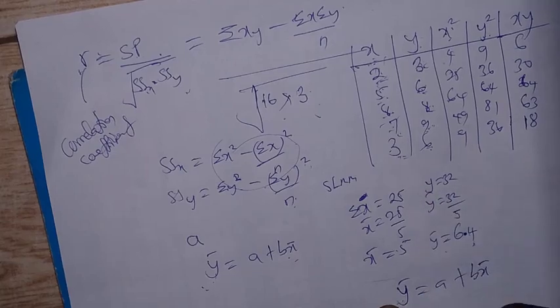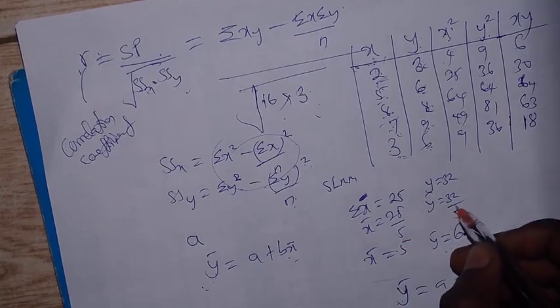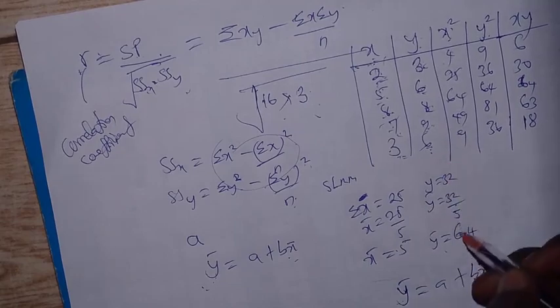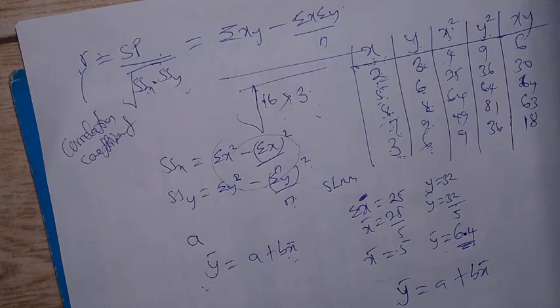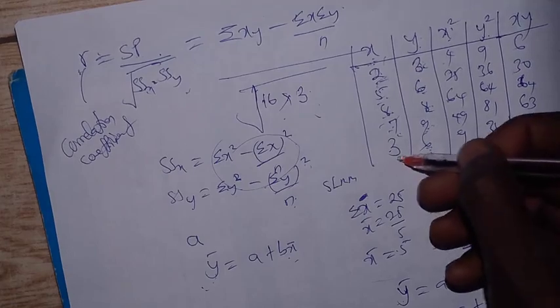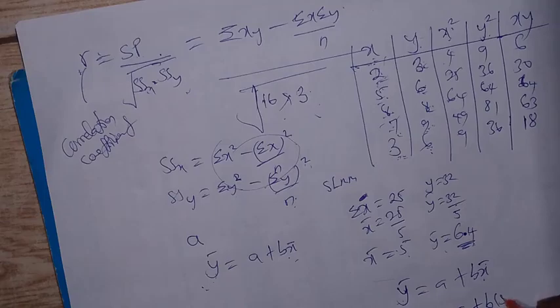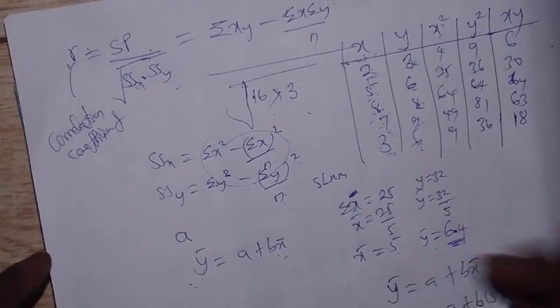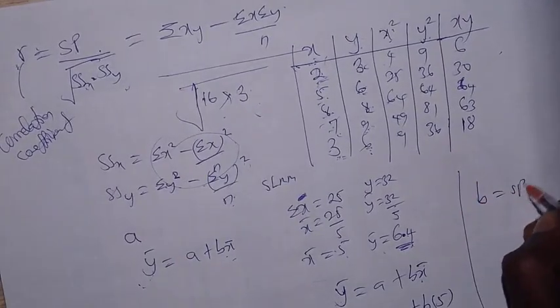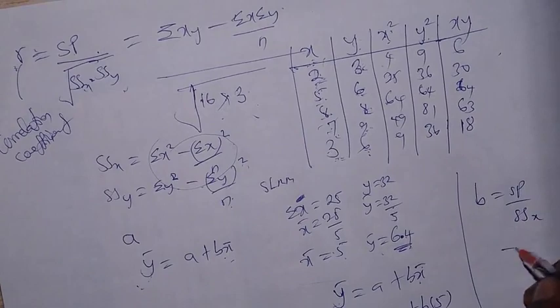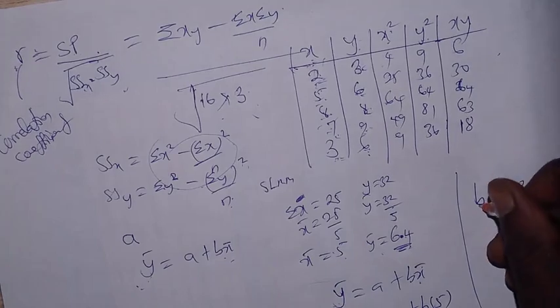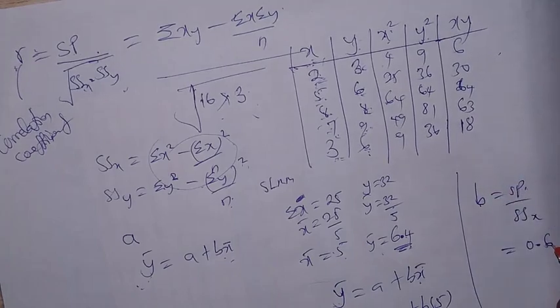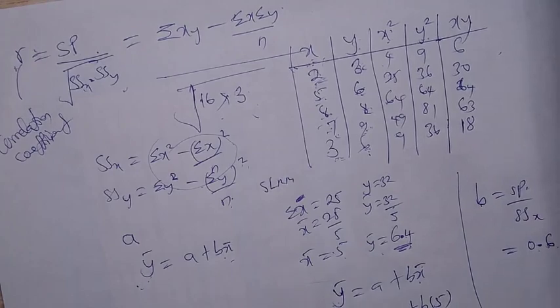From this question, y bar is 6.4 as calculated above. 6.4 is equal to a plus b, and x bar is 5, so write 5 here. Let's assume we've used the formula b equals SP over SSX, and we got something like 0.6 as our regression coefficient or slope coefficient. So substitute 0.6 here.